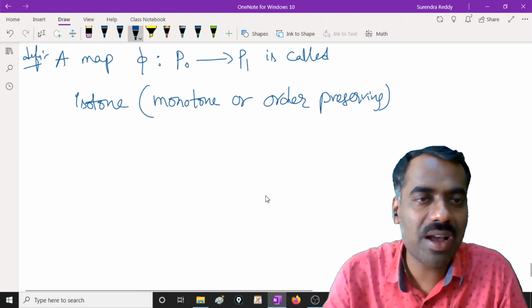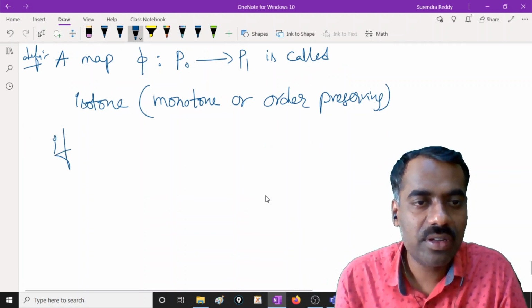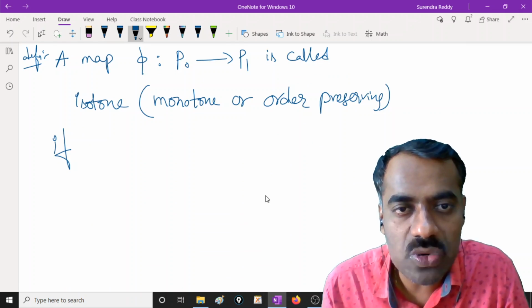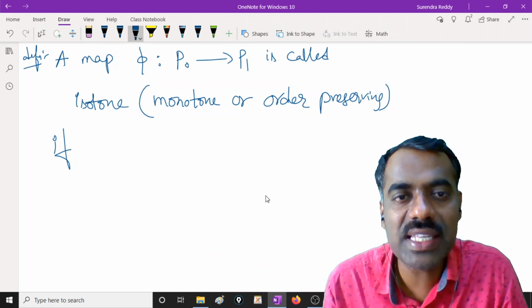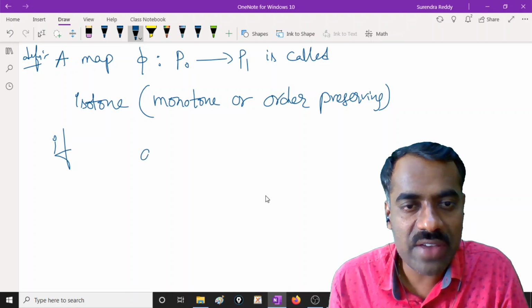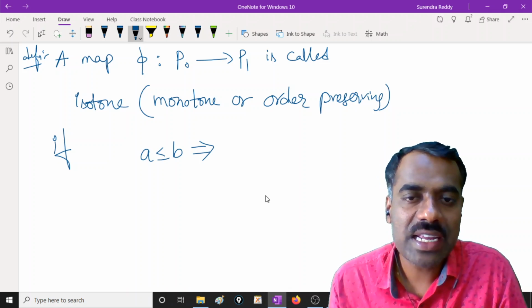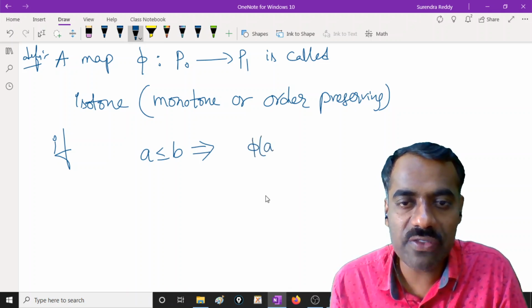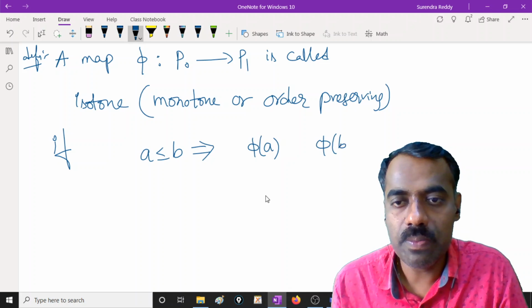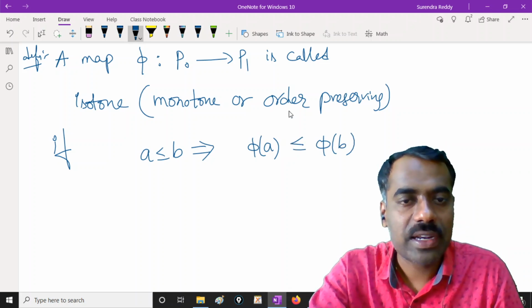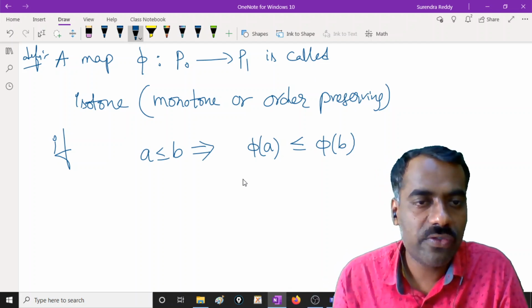The three names are all the same. Whenever two elements are comparable, if A is less than or equal to B, then when you take their images phi of A and phi of B, they should also have a relation in P1.